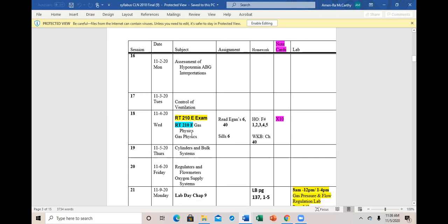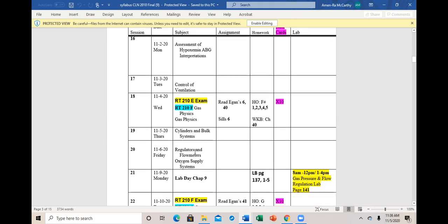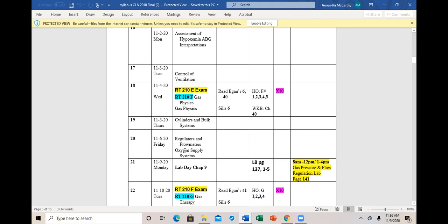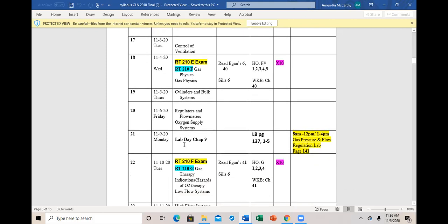So we did the first one today, which is Thursday. Friday, we're going to continue on with the lecture, right? Monday is lab day. You come in on Monday, we're going to do lab, which is chapter 9 in the lab book. It's going to be about how to assemble an H cylinder, how to assemble an E cylinder.